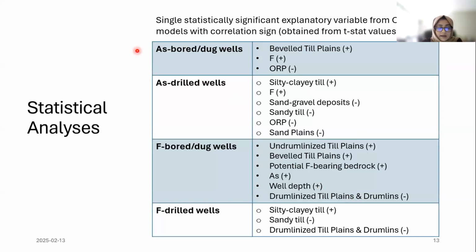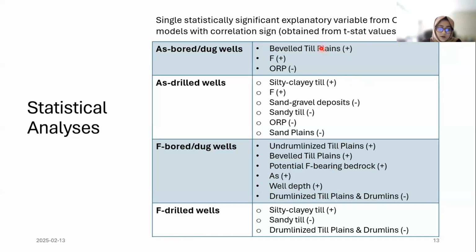Then here, an additional analytical output was obtained from the OLS model reports, where T statistics values greater than 2 with p-value less than 0.05 were used to assess whether a single explanatory variable helped to make the overall model statistically significant or not. The outputs are summarized in this table.